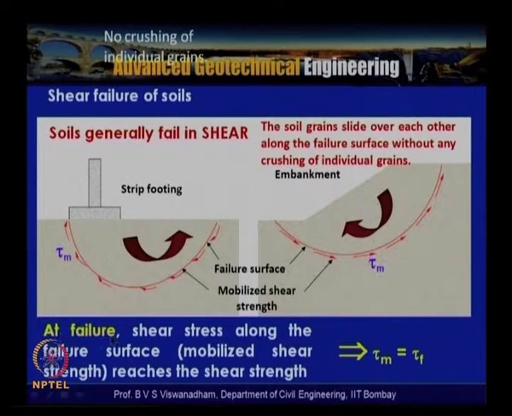For adequate stability, whether for a stiff footing or a slope or embankment, tau f and tau m must have a certain factor of safety. The factor of safety is defined as tau f by tau m, and if it is adequate, we have stable conditions.